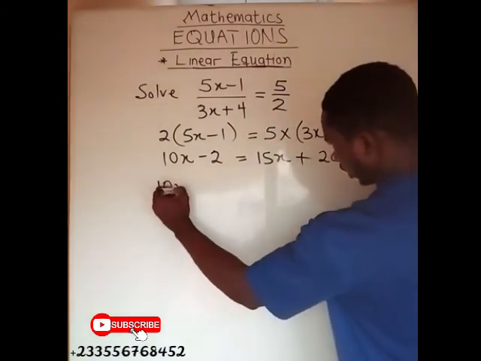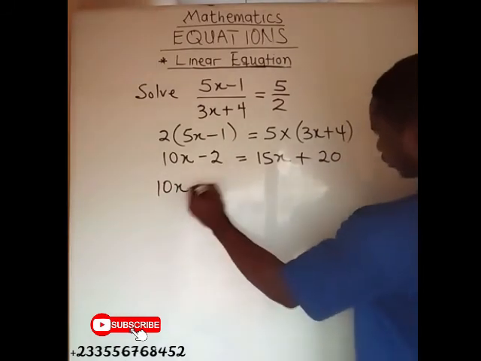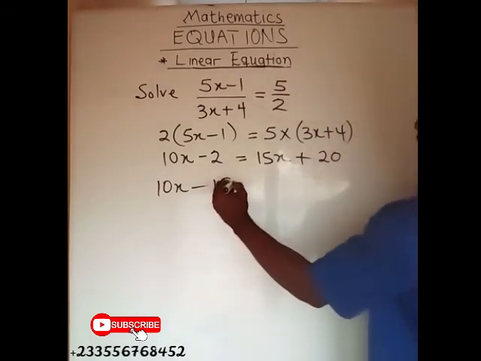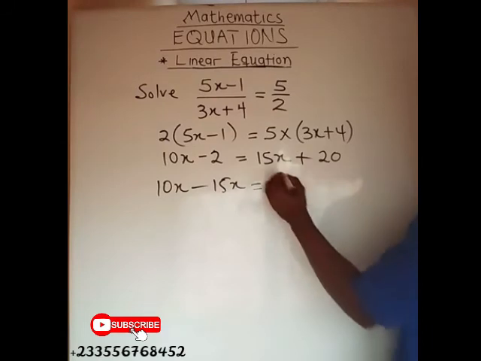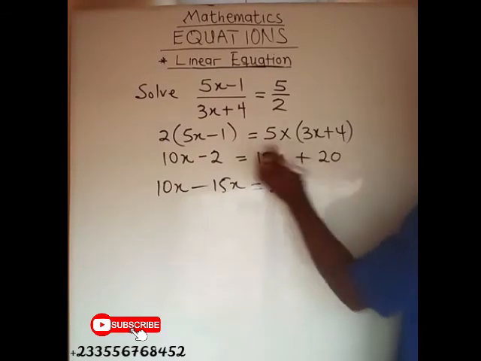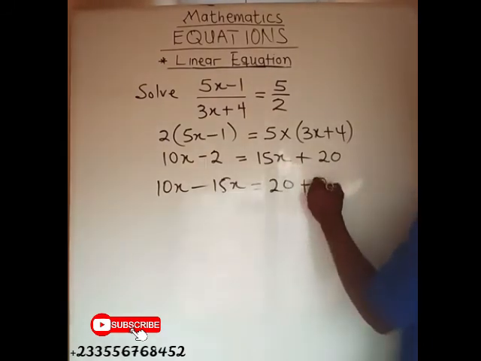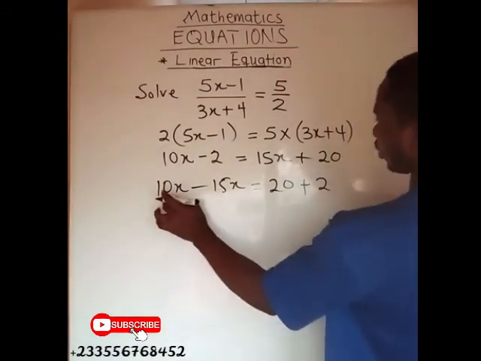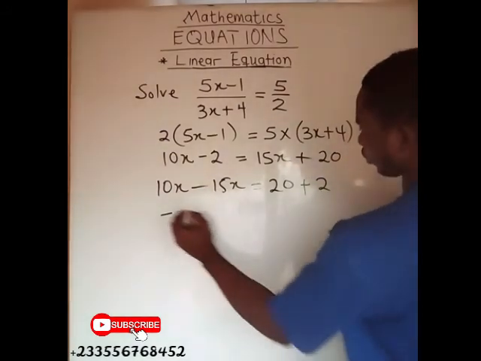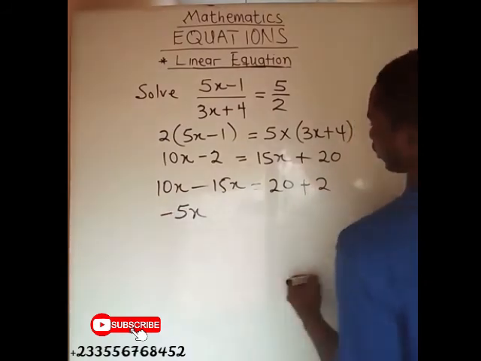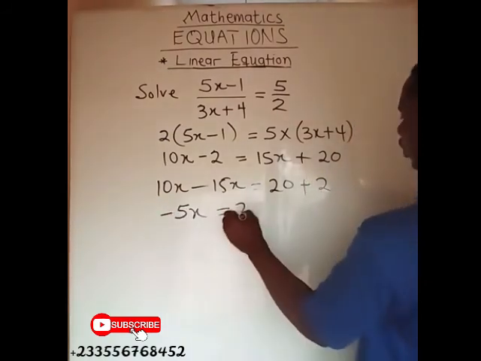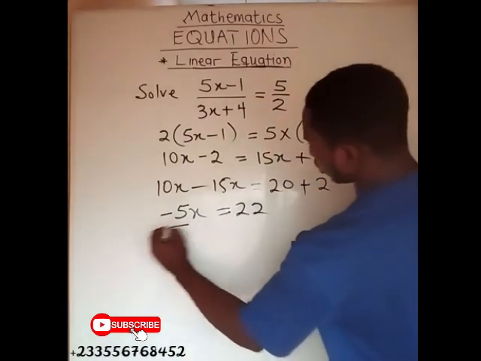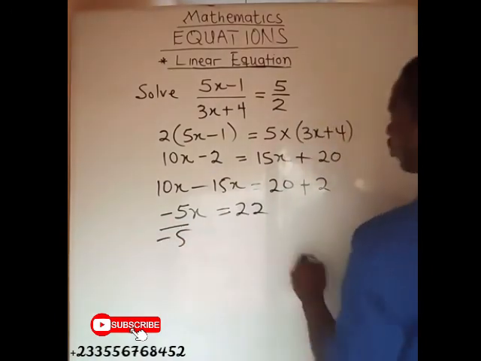We have 10x minus 15x is equal to 20 plus 2. This one will give us 10x minus 15x, negative 5x, which will be equal to 22. And we divide both sides by the coefficient of x.